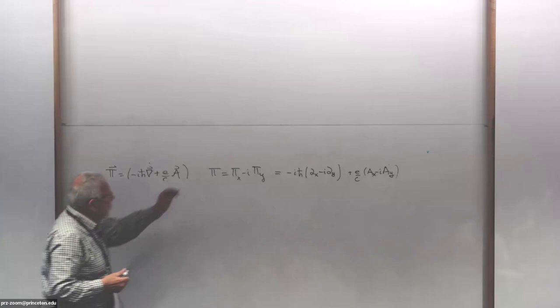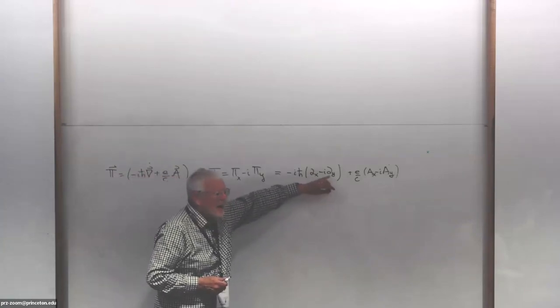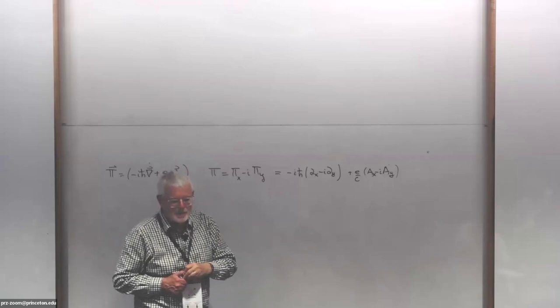So in pi, the derivatives with respect to x and y appear only in this combination. That's the thing we're going to exploit.